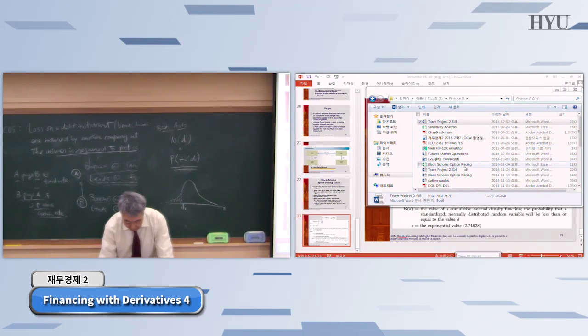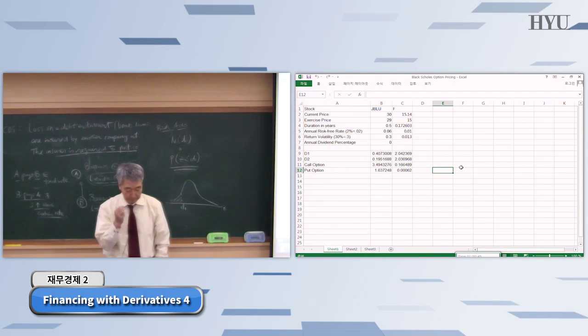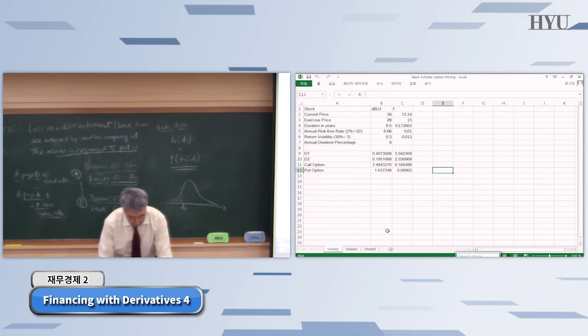Okay, here we go. Here's an Excel template. I'm going to upload this Excel file. So all you need to do is just say Amazon, something like that.